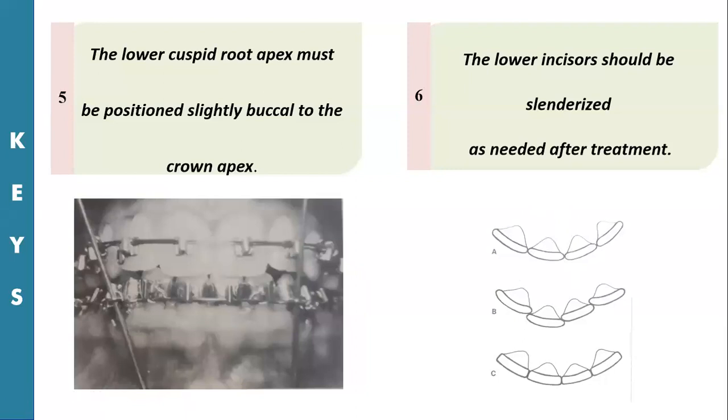Basically, what are you doing here? Why does it become stable when you do slenderization, especially lower incisors, not as a main method to gain space, but as a method to increase stability? What is the proximal stripping doing to increase this kind of stability?